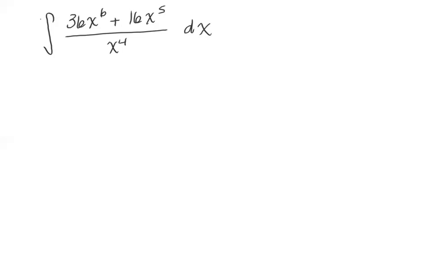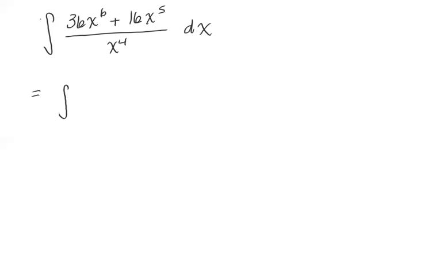This is a rational function. It is a quotient of two polynomials. I do not have a quotient rule for antiderivatives, at least at this point. Turns out that there actually is not one, but we'll get to that later. So I have to rewrite this somehow.